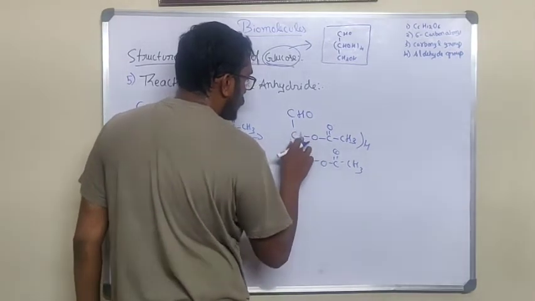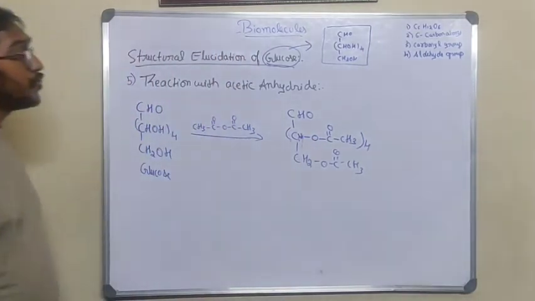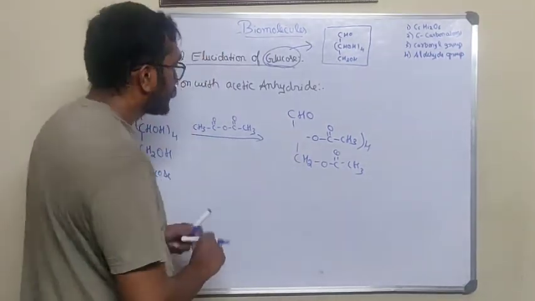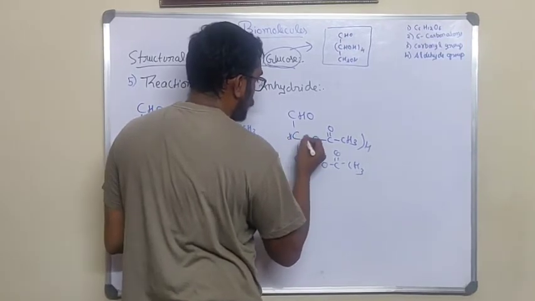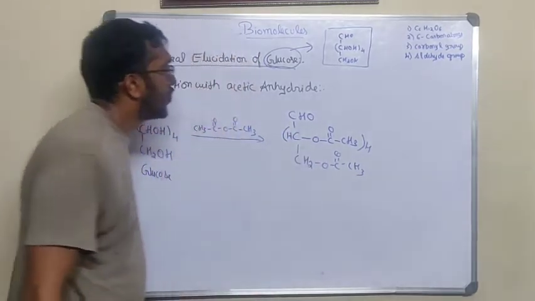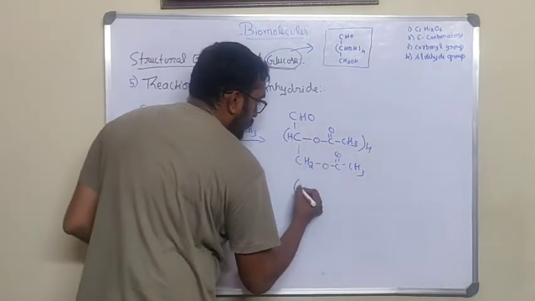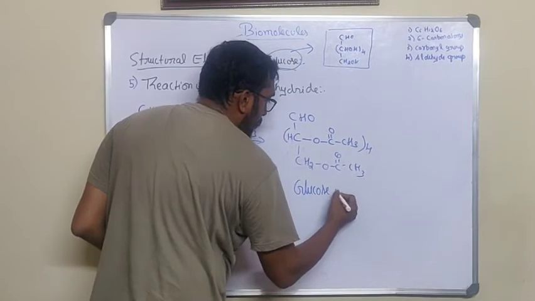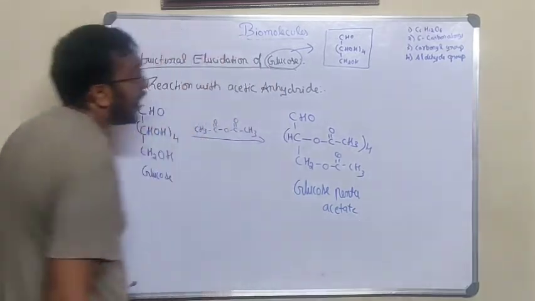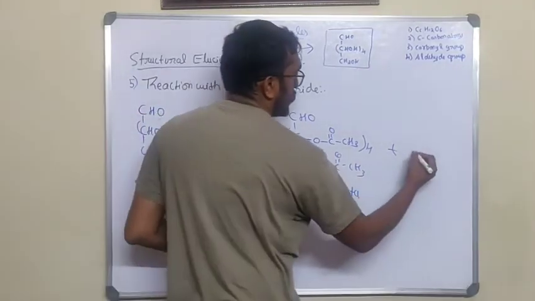This is CH, 4 times. If it is not clear, let me write once again. CH, CH. Clear? So this is 4 times. This product is called glucose pentaacetate.